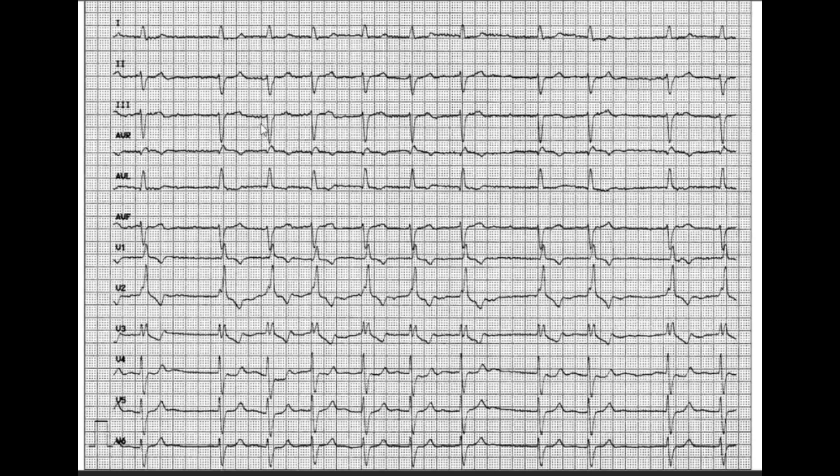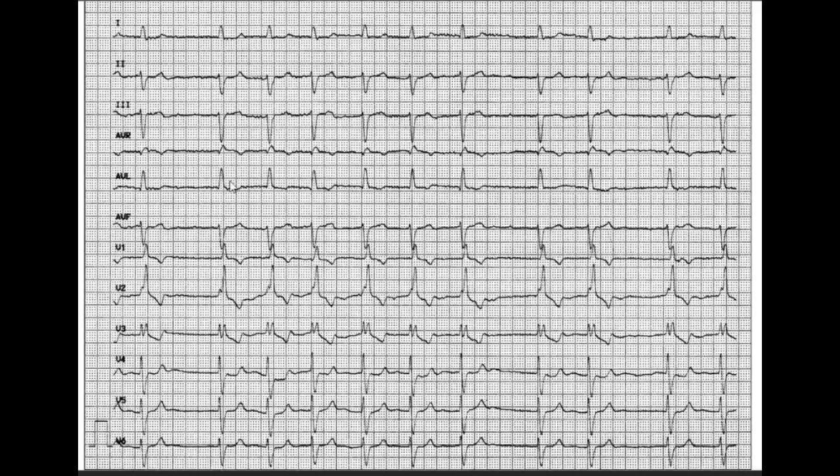And now the heart axis. You can see lead 1 is positive, lead 2 is negative, so there's some left axis deviation. But here the QRS is prolonged, 0.15 seconds, so we suspect some type of bundle branch block.